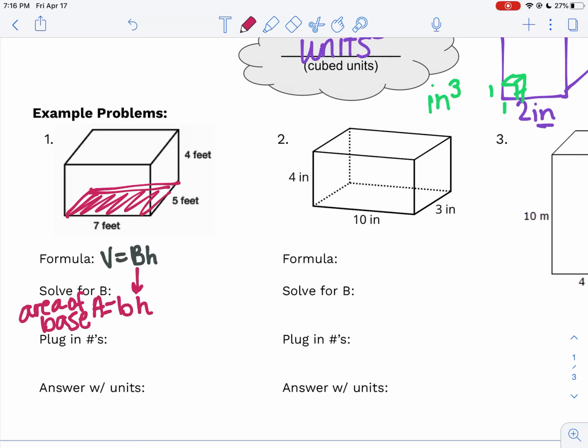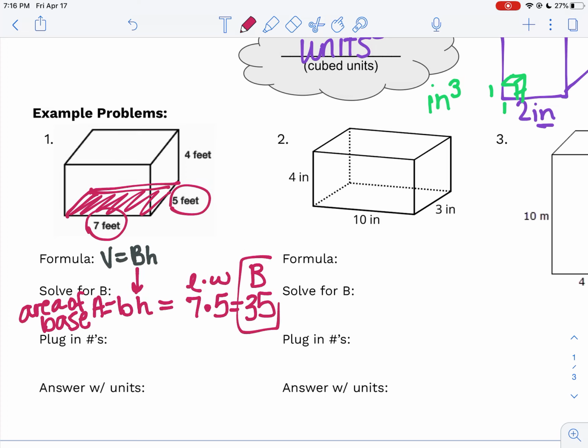Okay, so my 2 dimensions that I'm going to use for area is my base of 7 and my height of 5, or length times width, same thing. And that will give me 35. So that's not my answer. A lot of people tend to stop there, but don't stop there, because that's not the volume, that's the area. So this is what big B means.